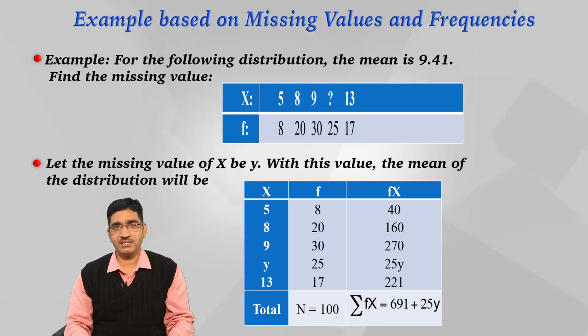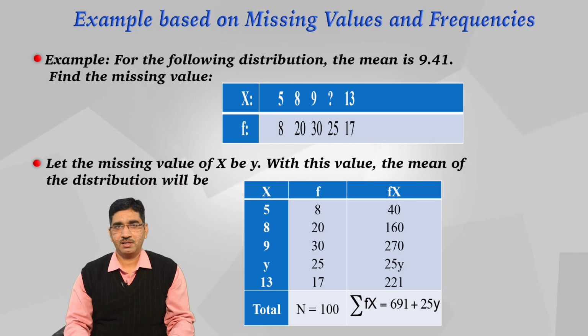The frequency of that missing value is 25. So, that is 25y, and then 13 multiplied by 70 comes 221. So, the summation of fx we have calculated over here is 691 plus 25y, because this value we do not know, and the sum of all the observations is 100.